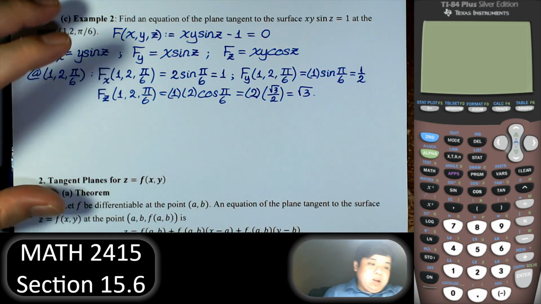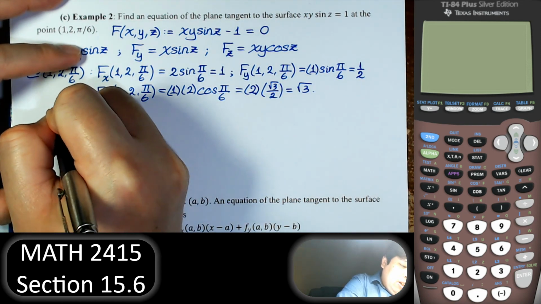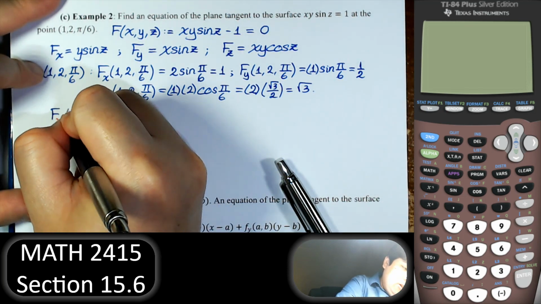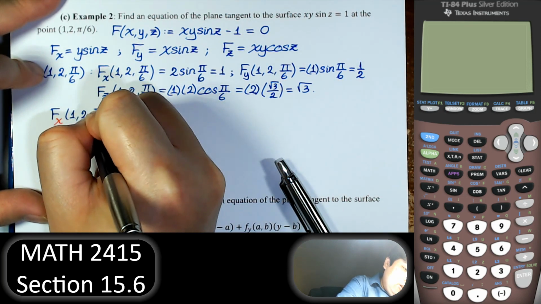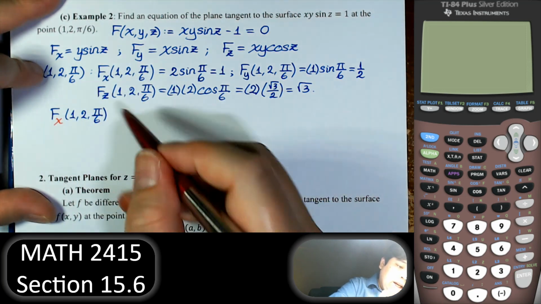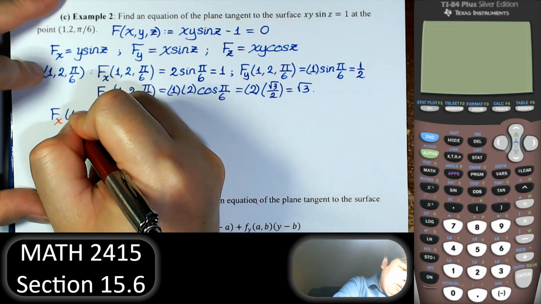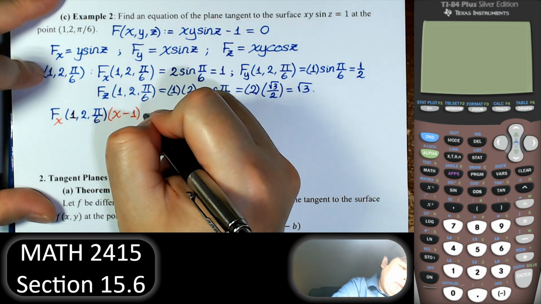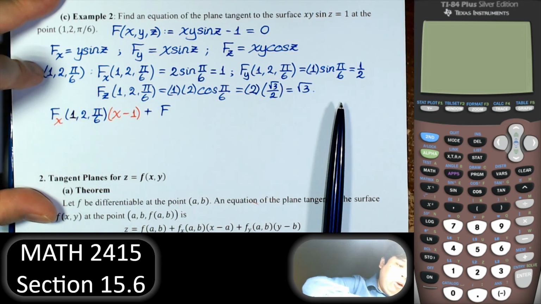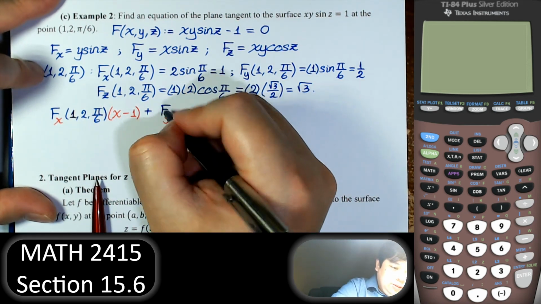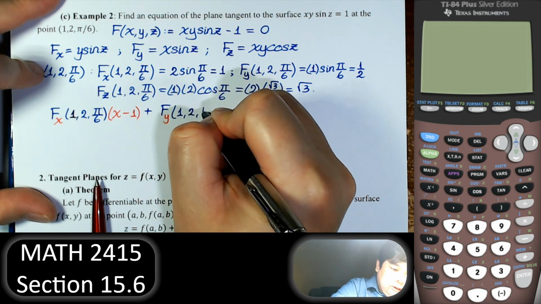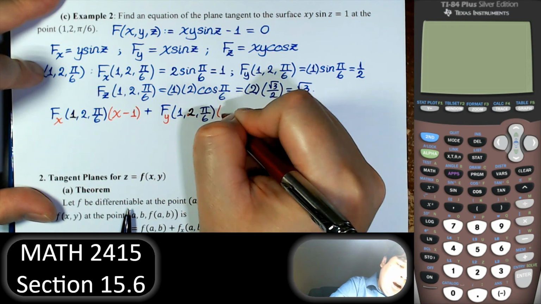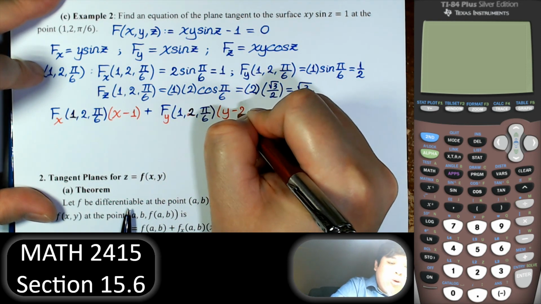And then the equation of the tangent plane to the level surface. If we take the derivative with respect to x at the point, then we will have x minus this value. If we have the derivative with respect to y, then we have y minus the y value of the point.